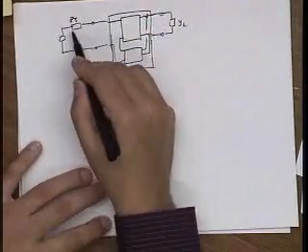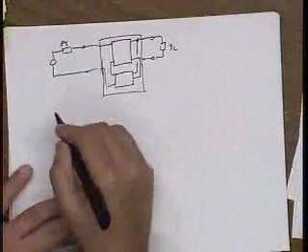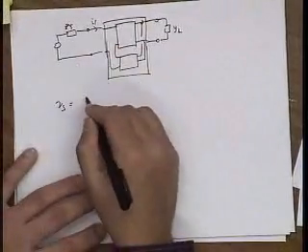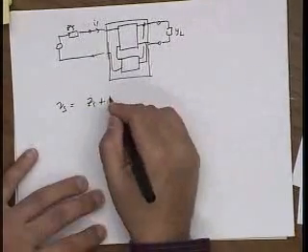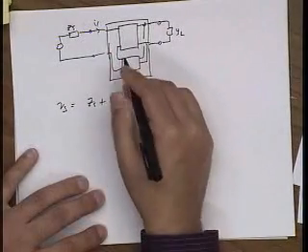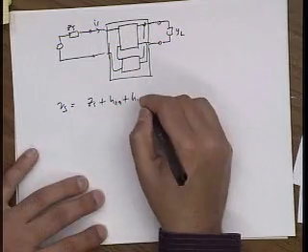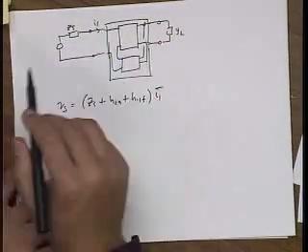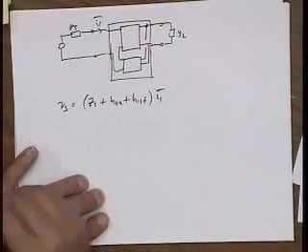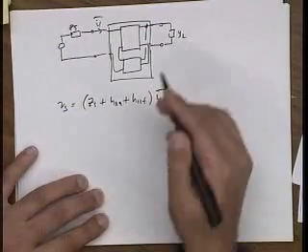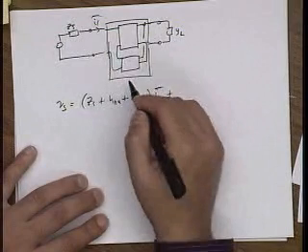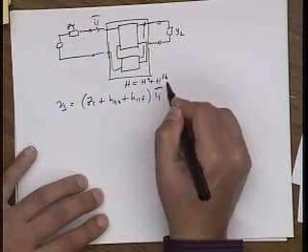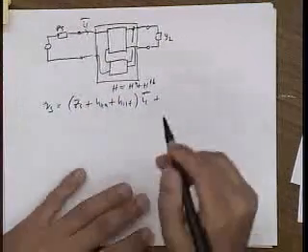Okay. So let's write a loop equation around here. Around here I get that Vs is Zs times I1 plus H11 of the amplifier plus H11 of the feedback times I1 bar, right? That's the current going in. And I'm just summing, right? I'm not doing anything special here. So the overall H parameters are, we know, just the sum of the same H parameters of the amplifier and the feedback network.